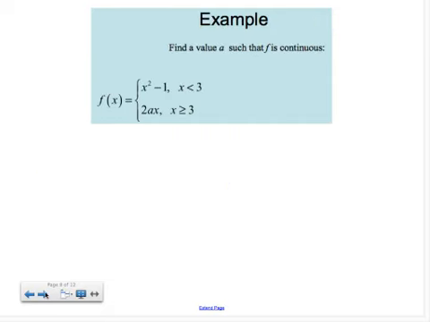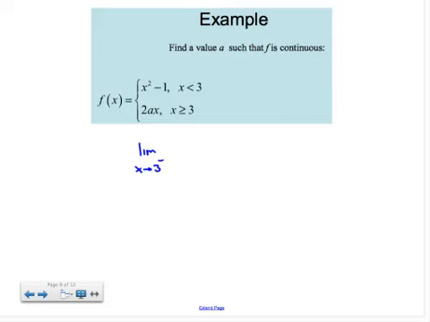Okay, AP loves problems like this that test your conceptual knowledge of this idea. It says find a value a such that f is continuous. In other words, force f to be continuous. So if f is going to be continuous, the only place that's in question is x equals 3. So we need three things to be equal. We need the limit as x goes to 3 from the left of f of x.